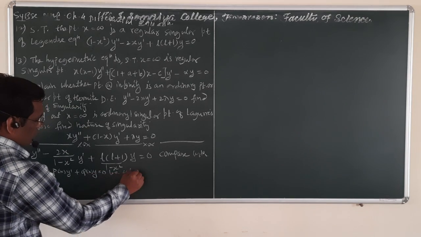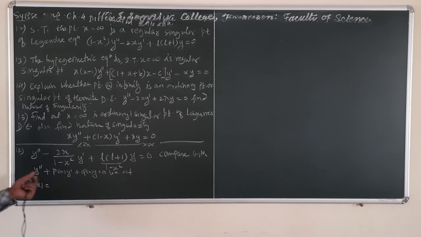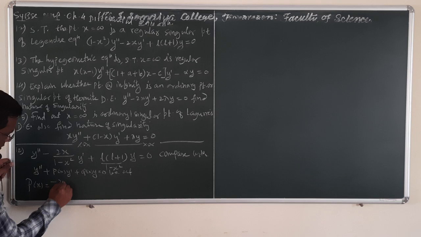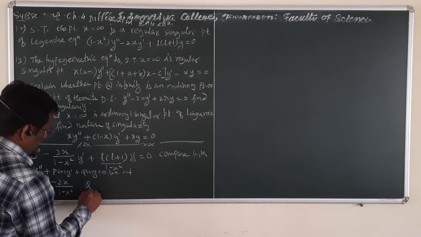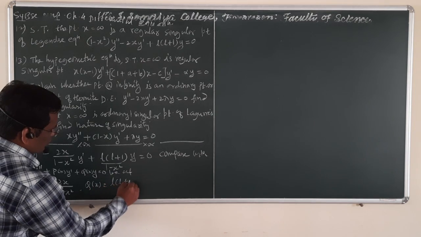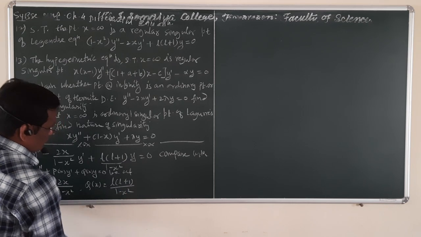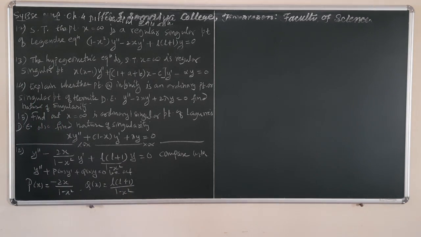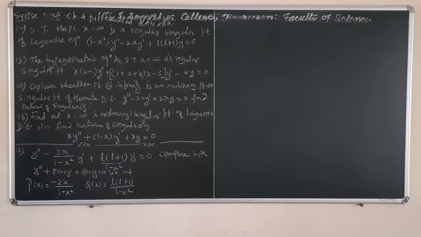We get p of x as minus 2x divided by 1 minus x squared, and q of x as l into (l plus 1) divided by 1 minus x squared. Okay, so this is p of x and this is q of x.